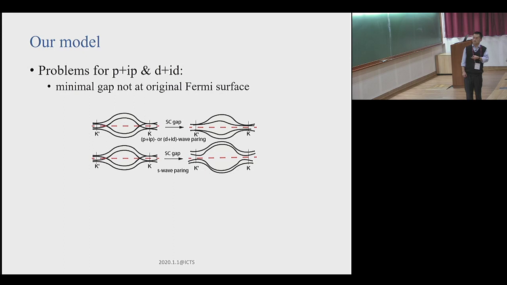And when you open the gap, although the gap seems to be small, it's not really that small compared to the Fermi energy at K and K prime. Once you open the gap, the minimal gap is not quite at the original Fermi surface position. So this causes all these artifacts, and significant finite size effect. We are still trying to overcome this. Okay, so with that, thank you for your attention.